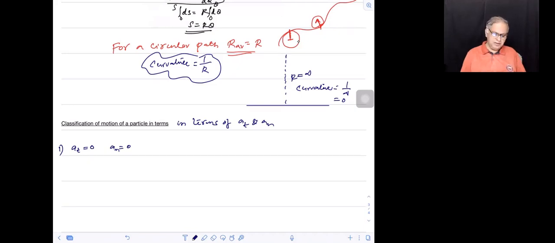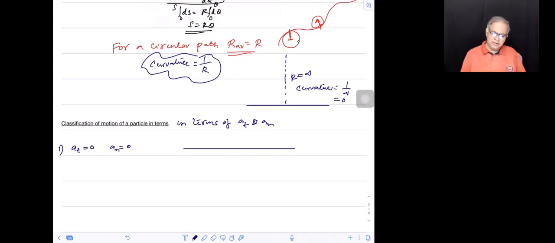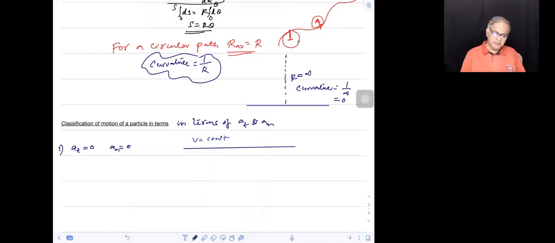Look, it's going like that in a straight line. The speed doesn't change because AT is 0, so speed V is constant. And the direction is not changing. If A normal were there, there would be a direction change.